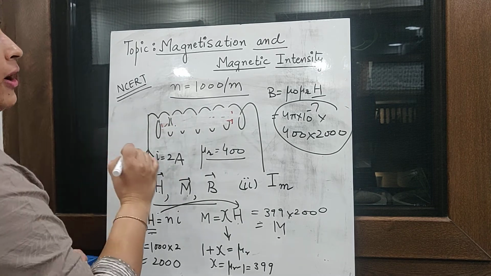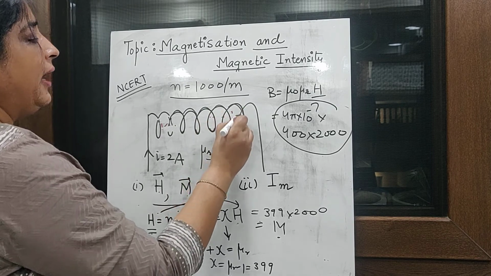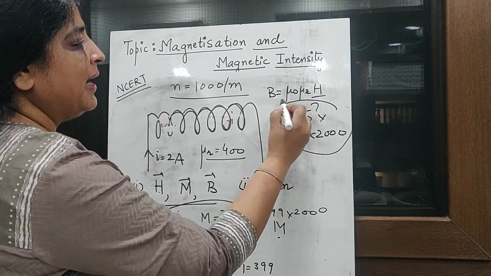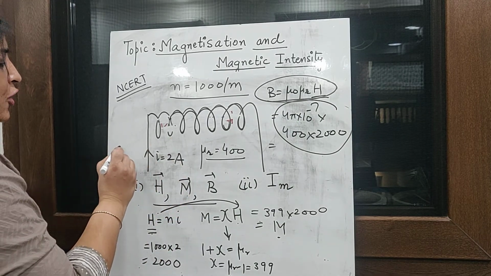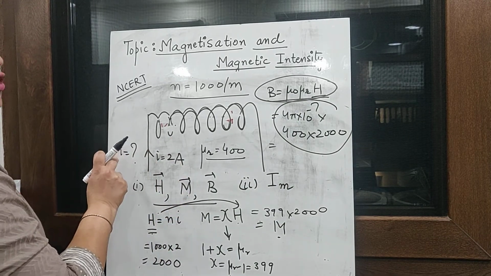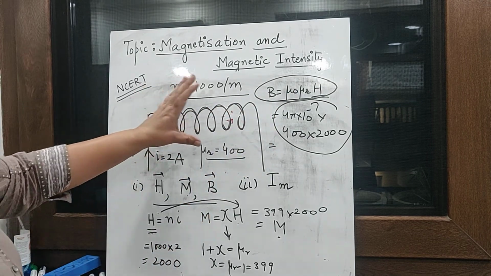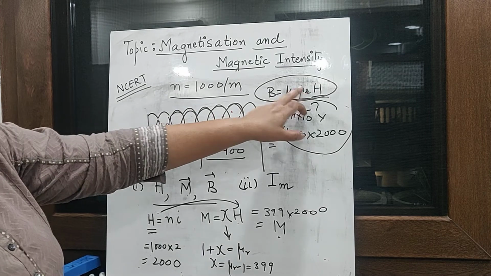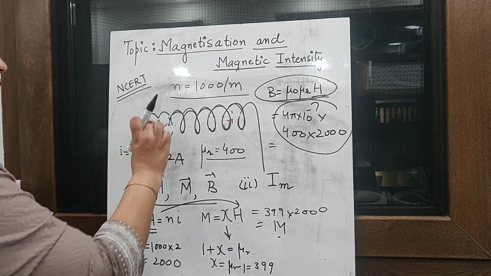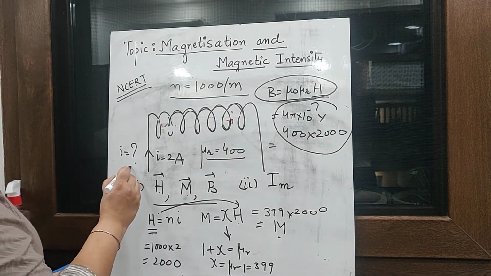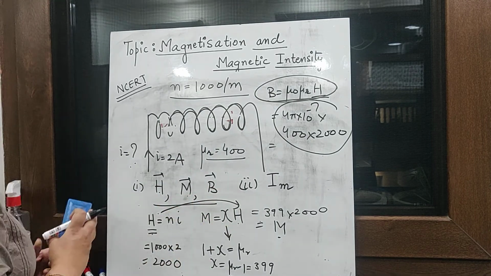Now in the air core solenoid, if you want to retain the same magnetic field which you are getting here, then how much current should be increased so as to get the same value if you have removed the material? Because it was the material only that was giving you an extra factor of mu r, and you were getting a high amount of magnetic field. But if the material is not there, we will have to increase the current to get the same value of magnetic field inside. So how much should that current be?